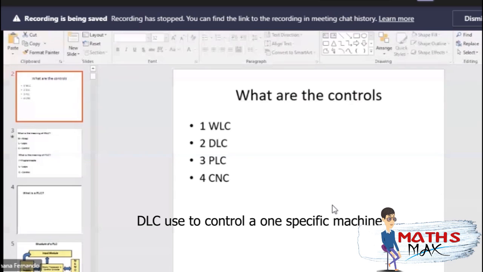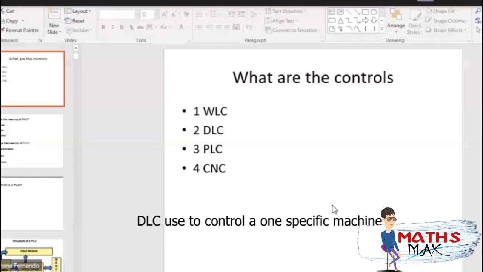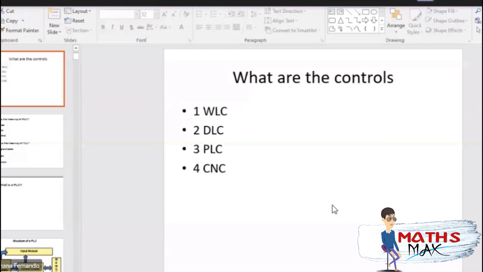As an example, a domestic washing machine has a controller. You can set the water level, and you can set how long it will wash. Those are dedicated logic controls.